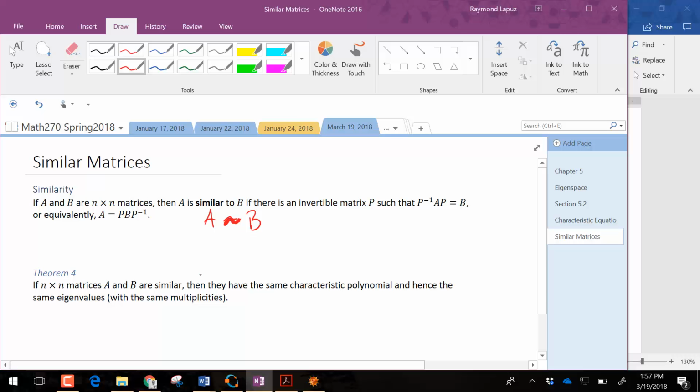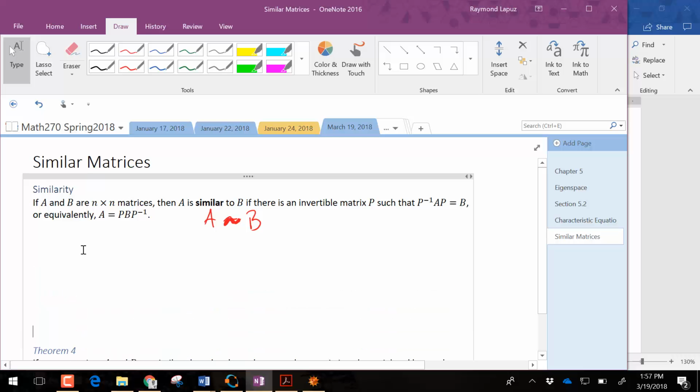And then there's all kinds of other properties to say that this is like an equality. What is it? Symmetric, reflexive, and transitive. You remember those?